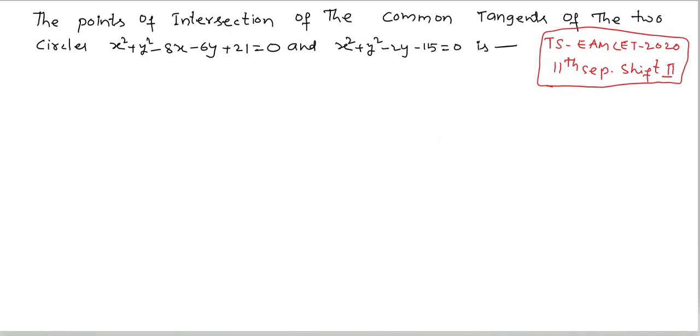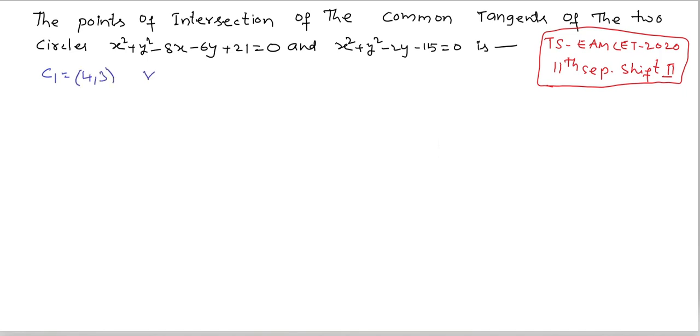The point of intersection of the common tangents of the two circles x square plus y square minus 8x minus 6y plus 21 is equal to 0, and x square plus y square minus 2y minus 15 is equal to 0 is dash. So first we find the center of the first circle, that is C1 is equal to (4, 3).